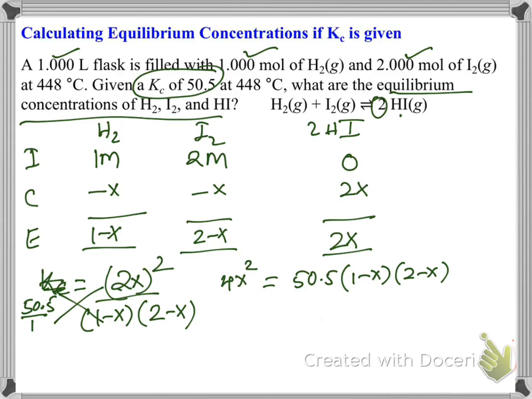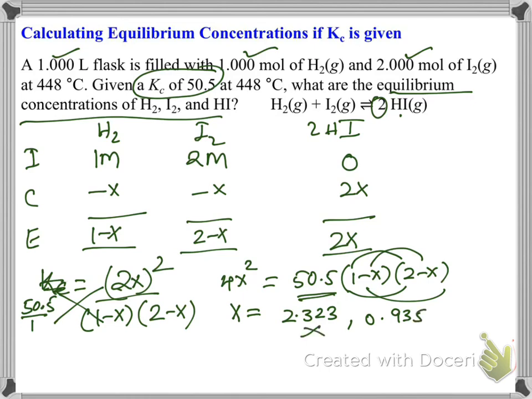You are going to multiply using FOIL algebra, multiply by 50.5, make a full quadratic equation, and when you solve that quadratic equation, you will get 2.323 and 0.935 as your answers. Now I know that 2.323 is not possible. Why? Because if I'm starting with 2 molar, I cannot have more consumed. So that means my x value will be 0.935.